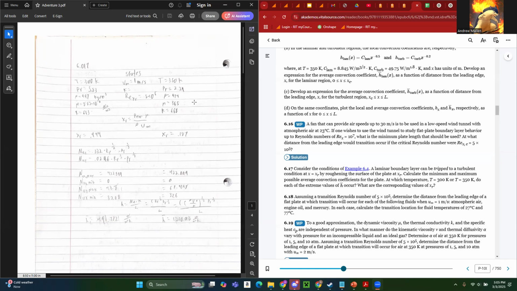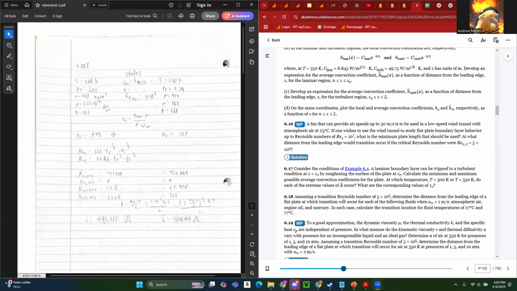So the first thing for this problem, we want to determine what the critical transition locations are. In order to do that, knowing that the critical Reynolds number is 5 times 10 to the 5, we can plug that into the normal Reynolds number equation, that being the Reynolds number is equal to rho, the density of the fluid, times the velocity of the fluid, times the distance, all over the dynamic viscosity.